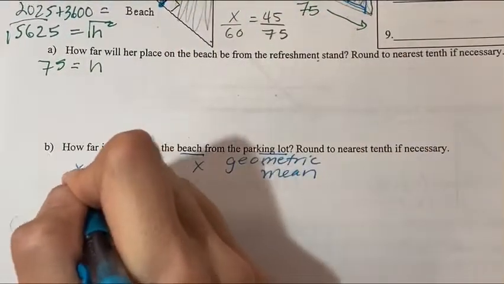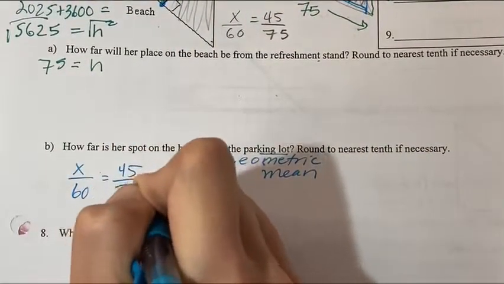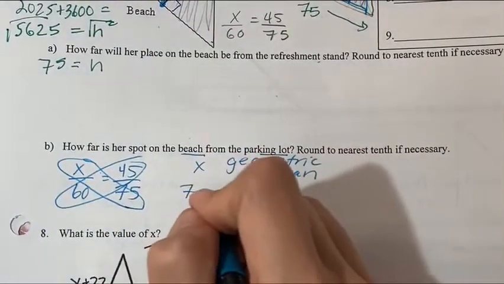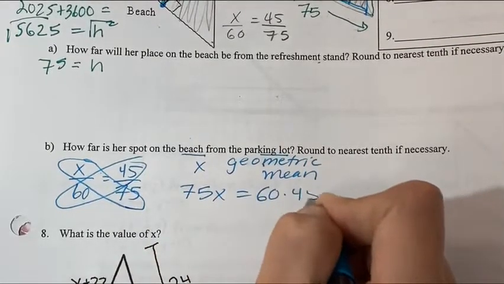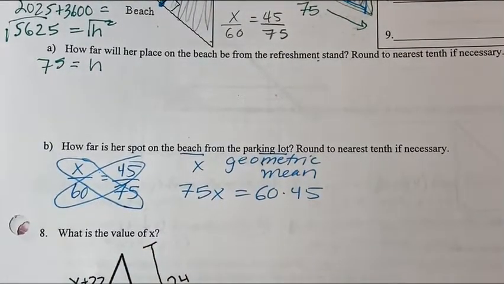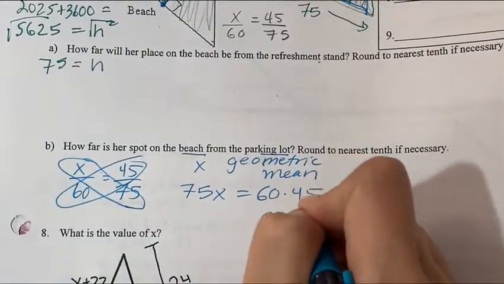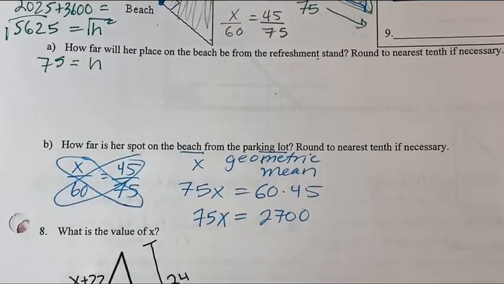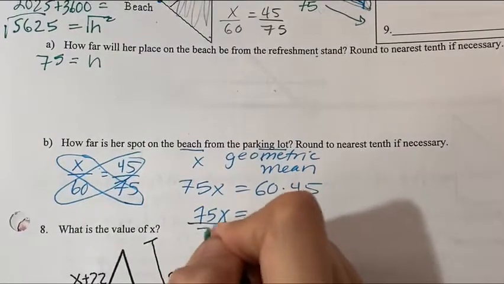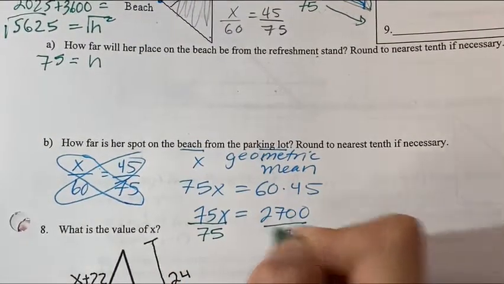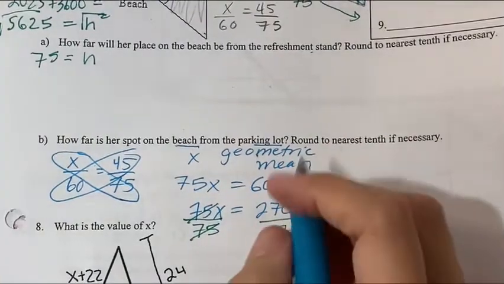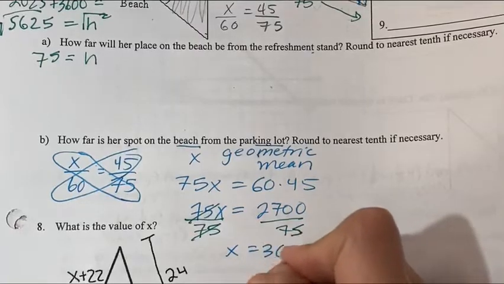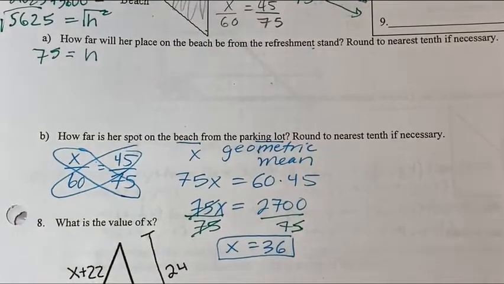X over 60 is equal to 45 over 75, and X is what I'm solving for in part B. If I cross multiply, and then divide by 75 on both sides, X is 36.